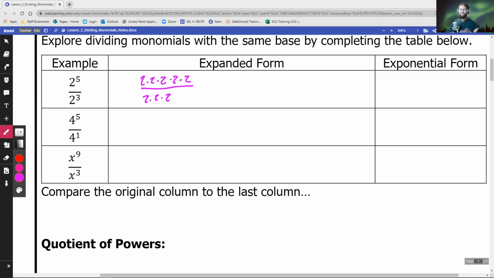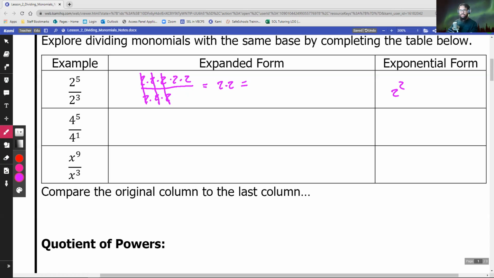We can, for the most part, ignore it. And when we look at this, we end up with this 2 dividing out to 1, this 2 dividing out to 1, and this 2 dividing out to 1. What we're left with is just 2 times 2, and we can write it as 2 squared, right?